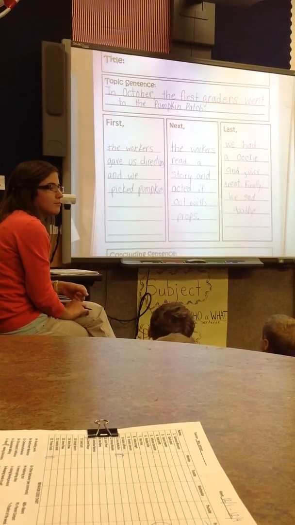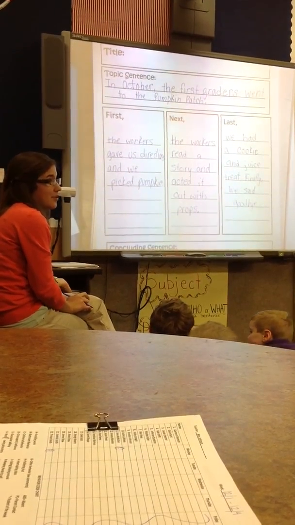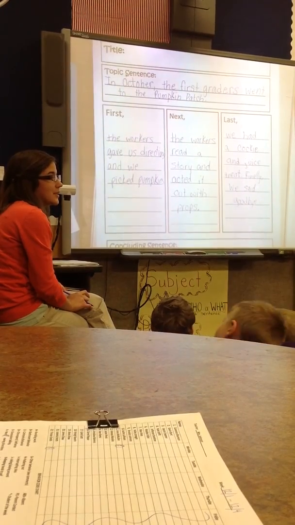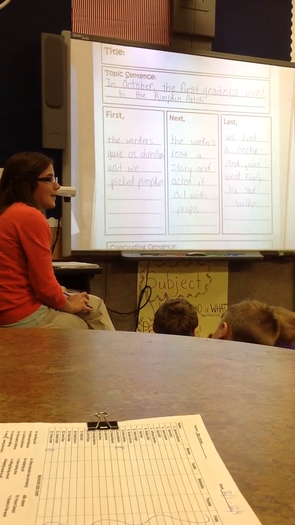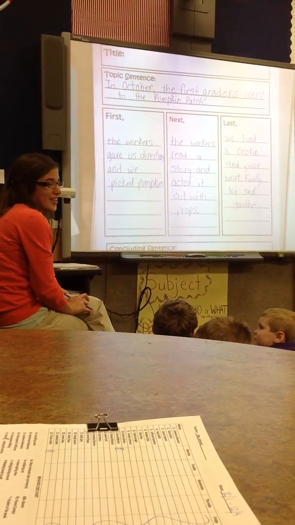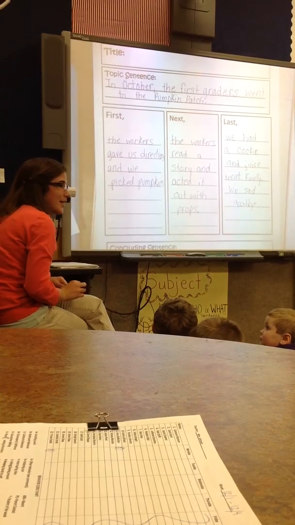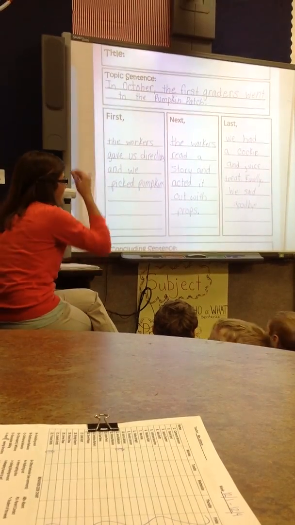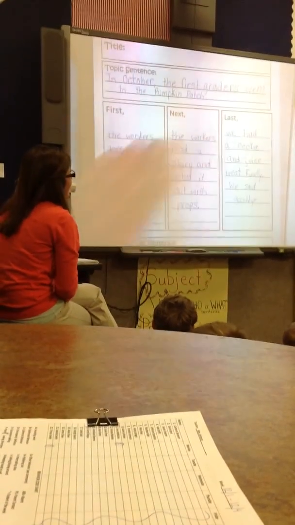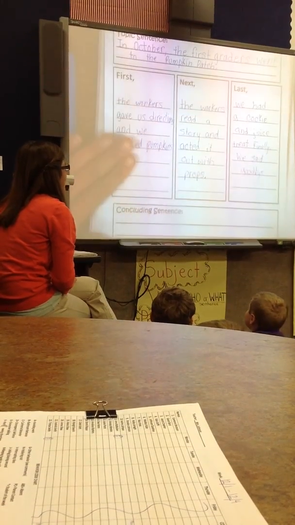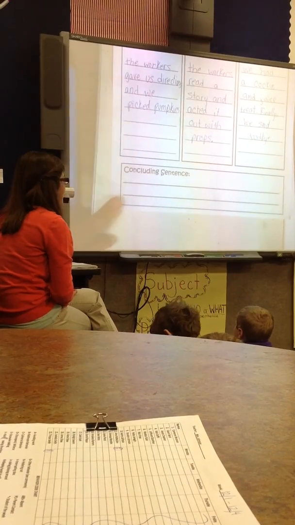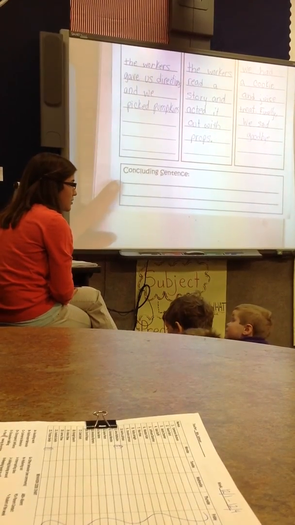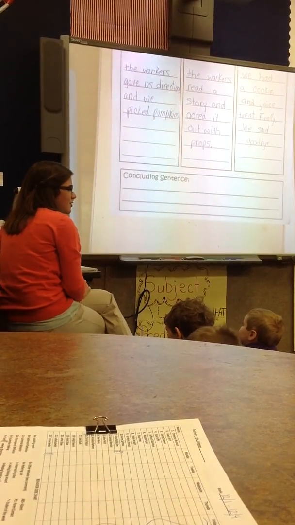It's like the beginning, middle, and end, but they're called supporting details. They tell things about our main topic. And now we need our final thing, the closing sentence. Why do we need a closing sentence?